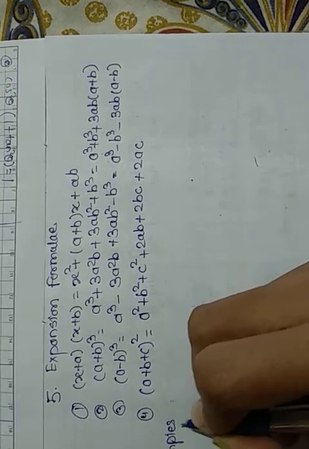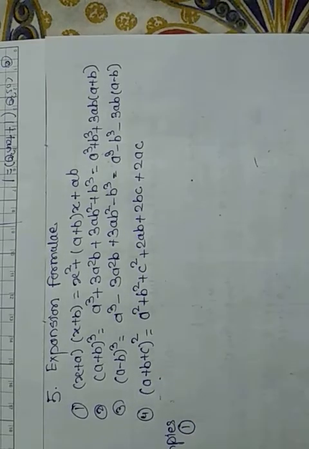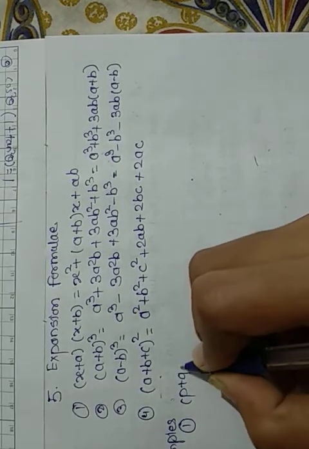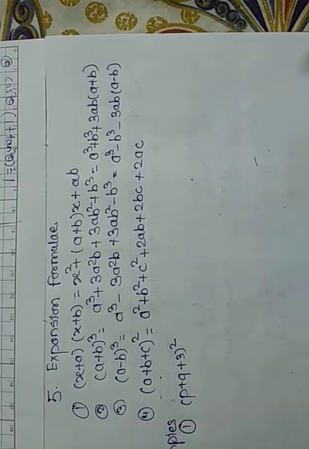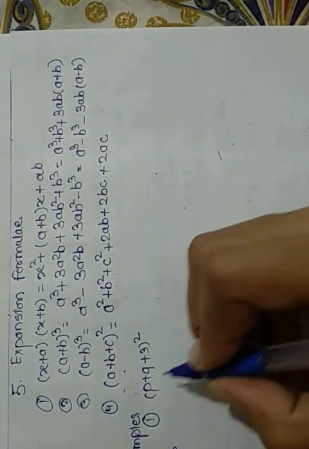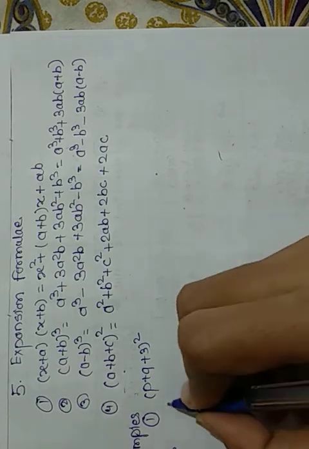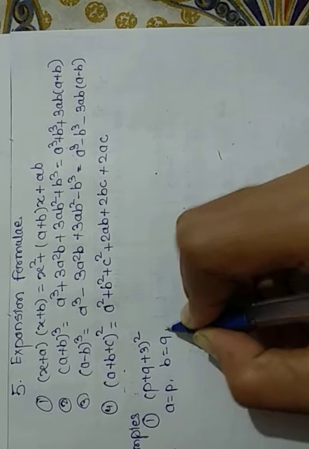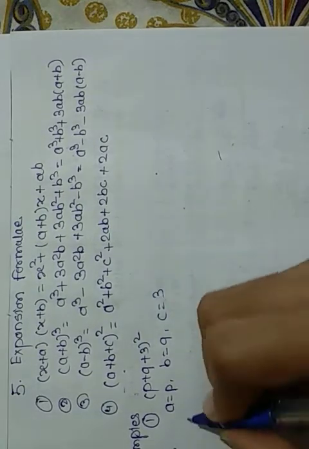Now let's see the example on this fourth formula. First, (p + q + 3) bracket square. Here in this bracket, value of a is p, value of b is q and value of c is 3.